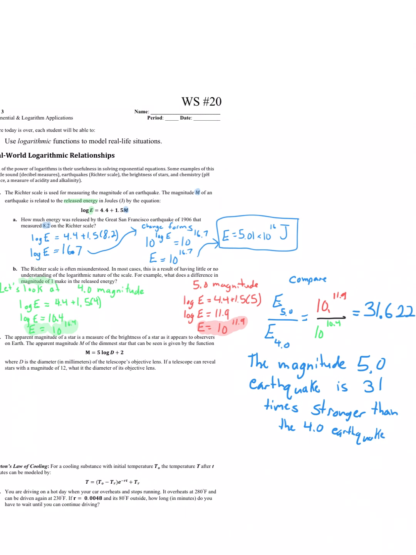So that just gives you an idea of the Richter scale. So when you hear an earthquake is 4.0 or 5.0 or 6.0, it's 31 times stronger when you go up one magnitude for an earthquake.